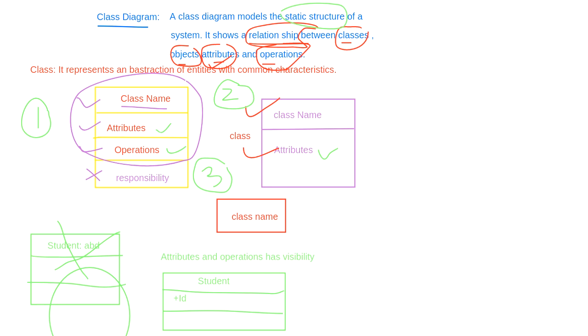Okay, so for example, I have a class, and I have the name of the class, attributes, and the operations. And this is the student class. Now this student has some attributes. What attributes might they be?